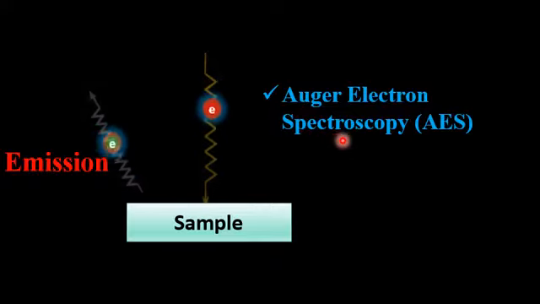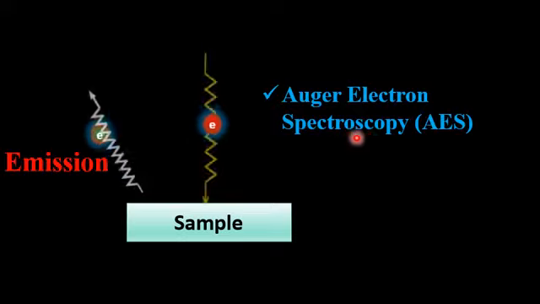With this technique, we assess the composition as well as the presence of elements in a material. The depth of a sample through which an Auger electron may be emitted is in the range of 3 to 10 nanometers. So the emission depth of the Auger electron depends on the nature of the material.